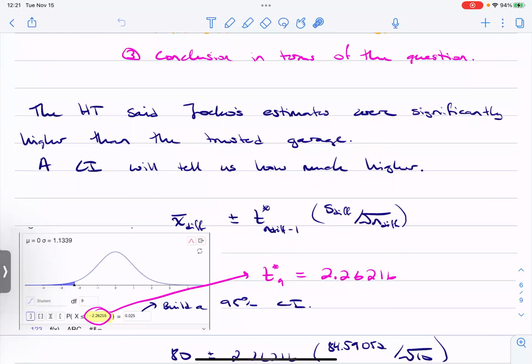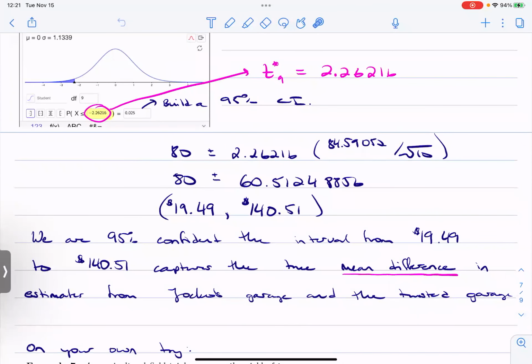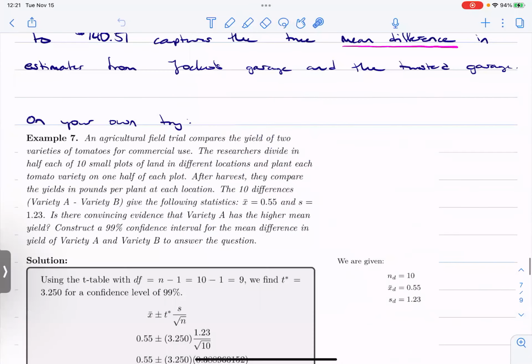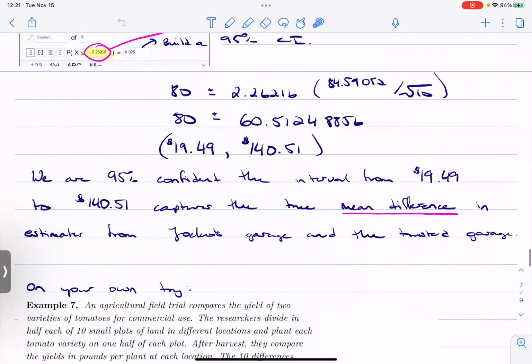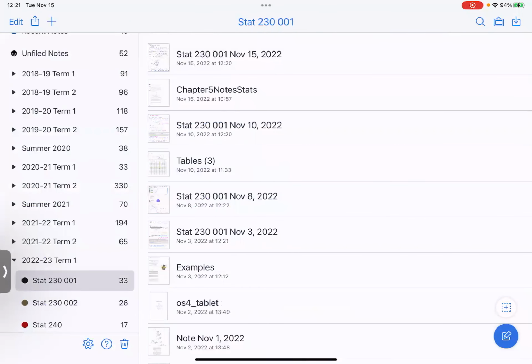So as a default, let's build a 95% confidence interval, which will tell us how much higher his estimates are. You can work through it. It's between 1949 and 140 and 51 cents higher, right? I also had grand ideas, but I think that's good. I'll parking lot that example.